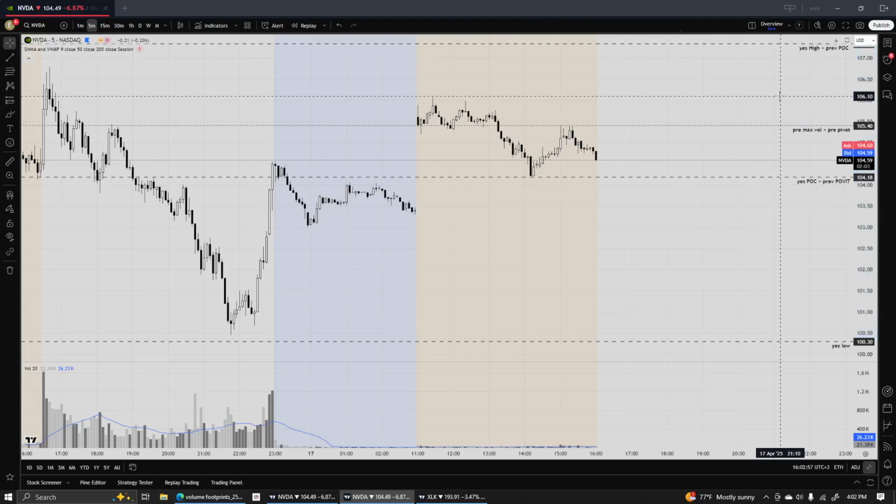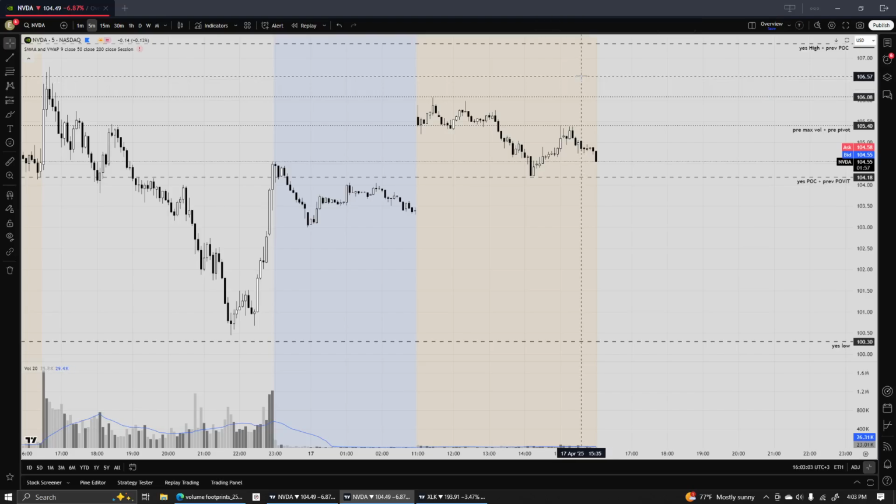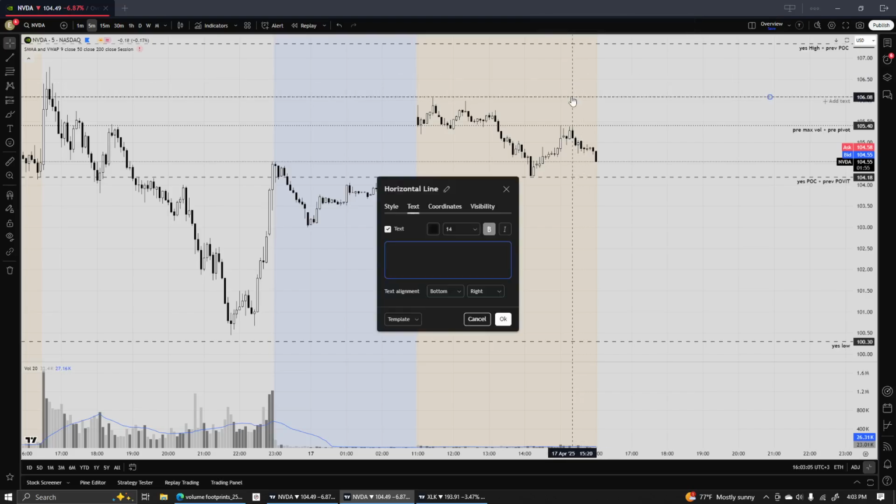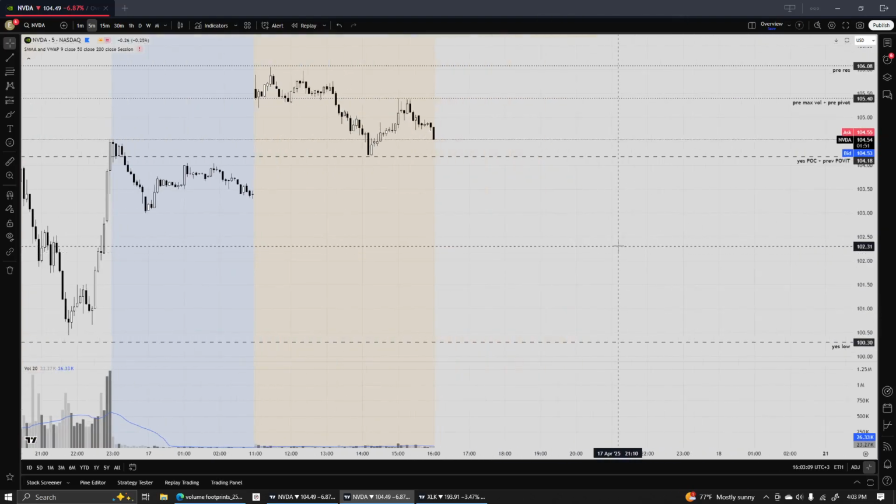Sync globally. Okay. And 106 is the 105.5, 106. So this is easy pre-market resistance. These are the important levels that we will be watching while trading.